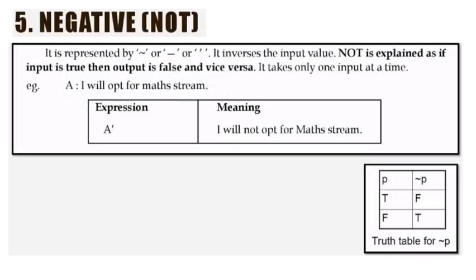So A biconditional B means if I opt for maths, I'll opt for computer stream also, or if I'll not opt for maths, I'll not opt for computer stream.